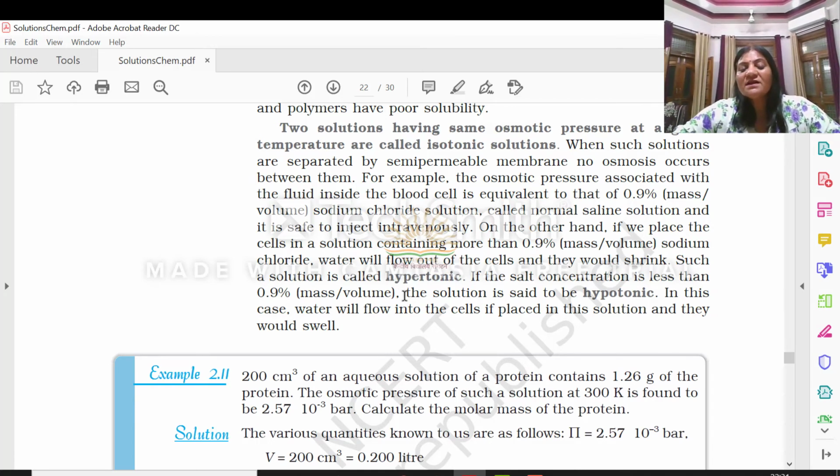Such a solution is called hypertonic. If the salt concentration is less than 0.9% mass by volume, the solution is said to be hypotonic. In this case, water will flow into the cell and they would swell up.